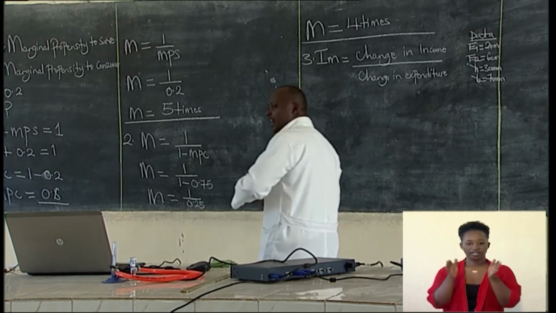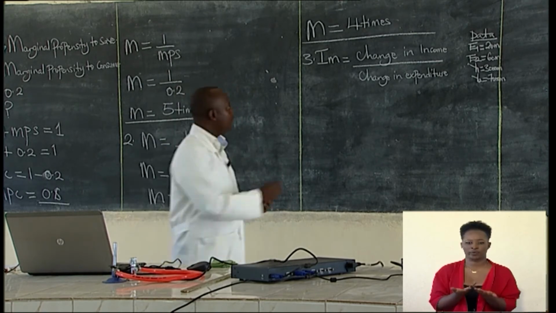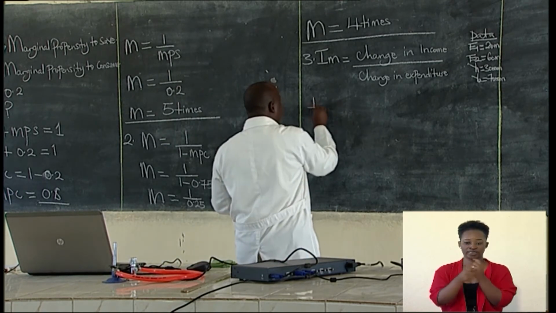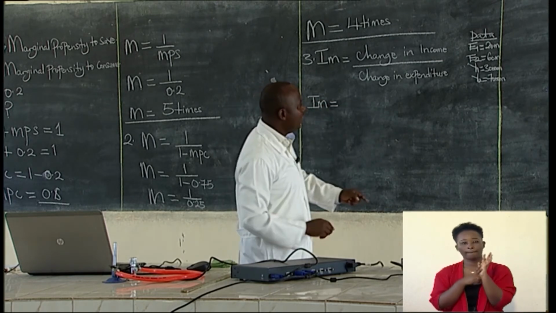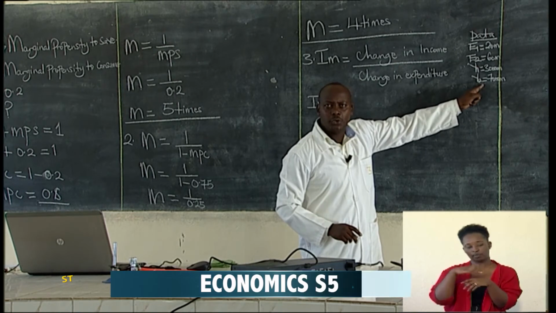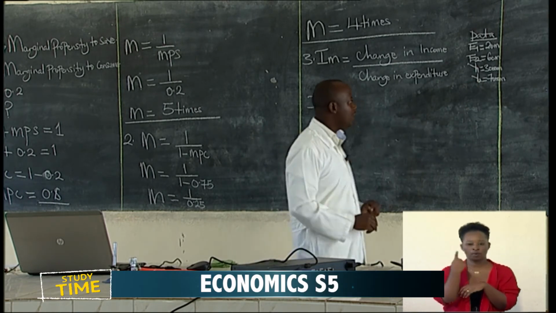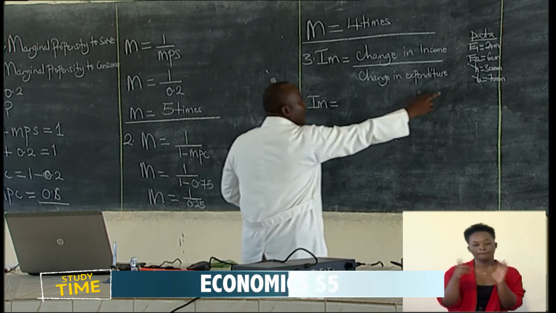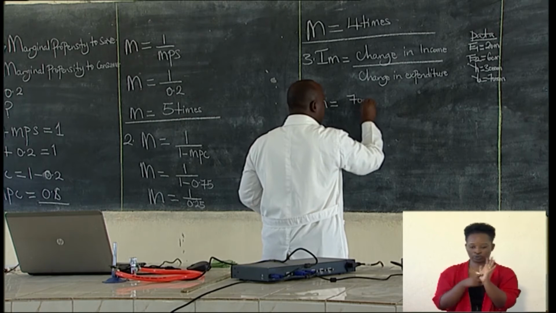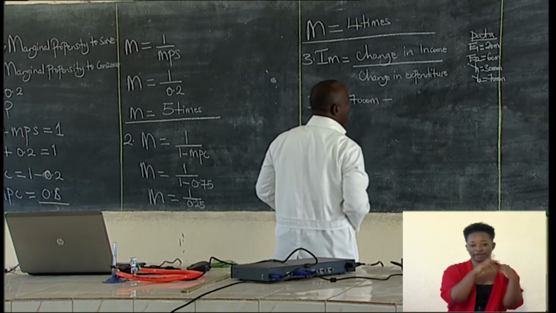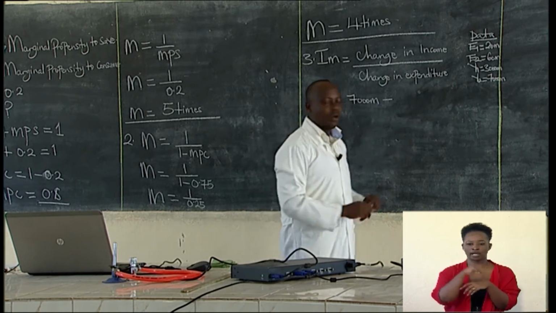And how do we get a change in income, learners? To get the change in income, we shall get income 2 minus income 1, the new income minus the old income. Income 2 is 7,000 million minus the old income, income 1, which is 3,000 million.